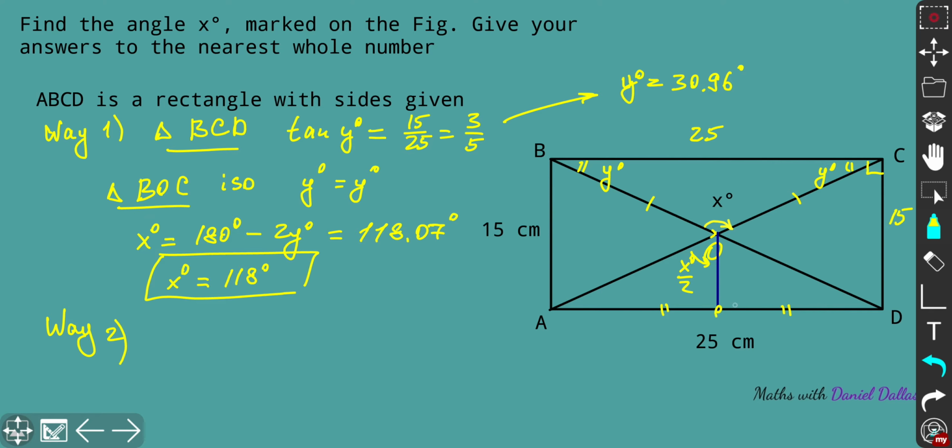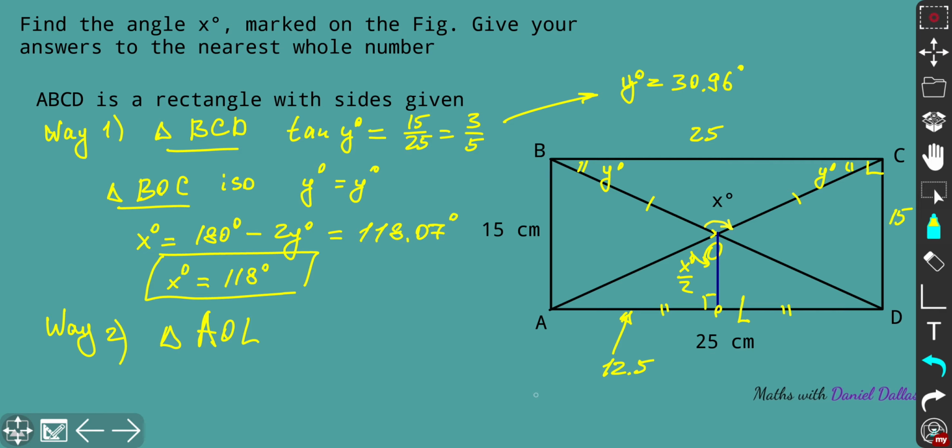So if we consider triangle AO, let's say L, so using triangle AOL, it's definitely a right angle, as we notice that OL is the height for that. So we can express x over 2 immediately because we know that that side is going to be 25 over 2, which is 12.5.